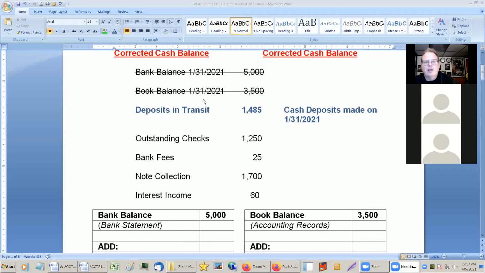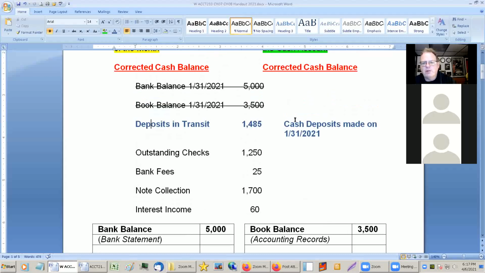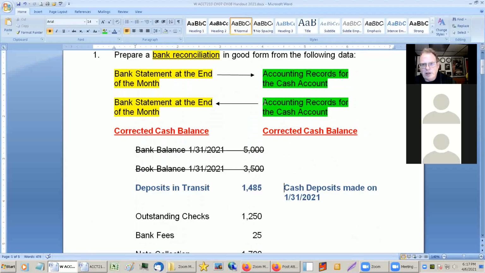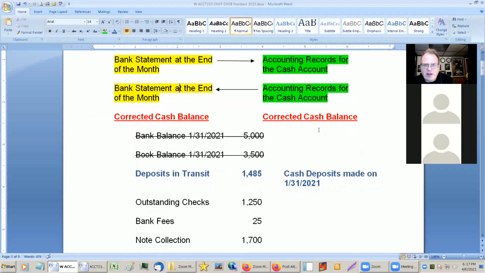So this is one of those things that we know what we did. We know we made the deposit, but the bank doesn't know. Okay, so it's like this one. We know we made that deposit. The bank doesn't know. So which side are we going to correct? The bank side or the book side?